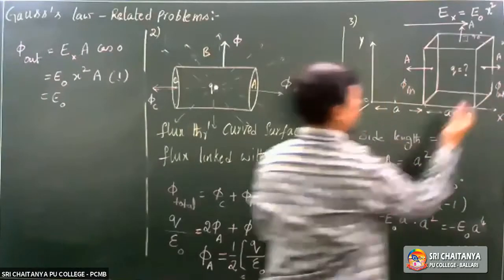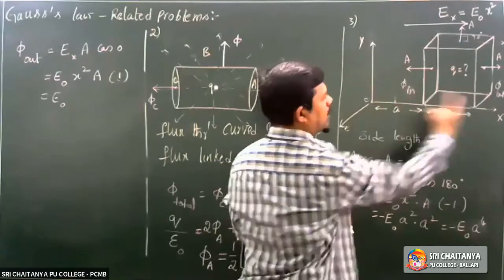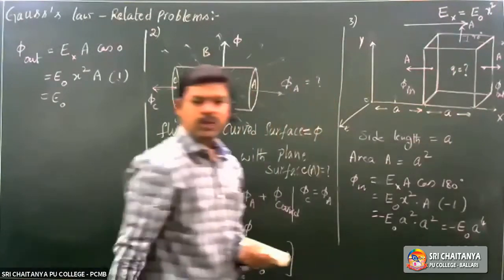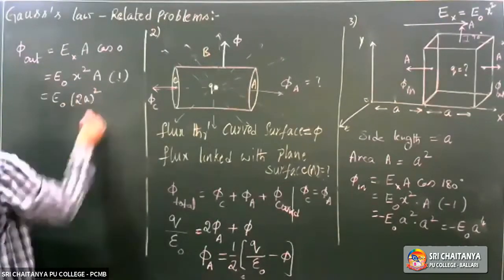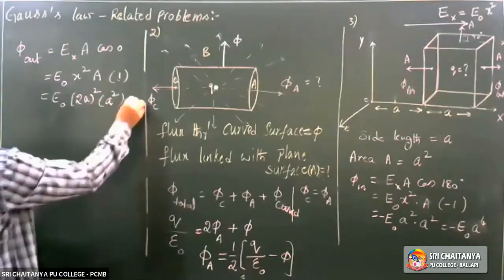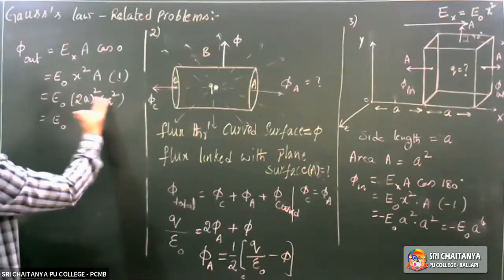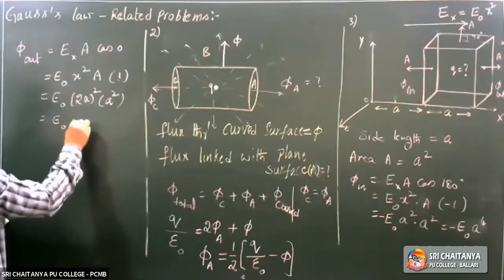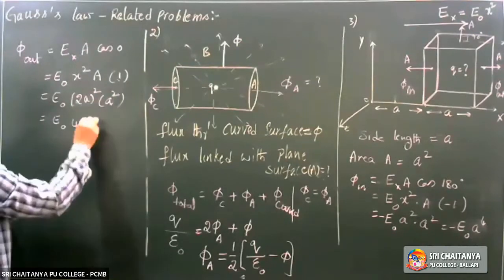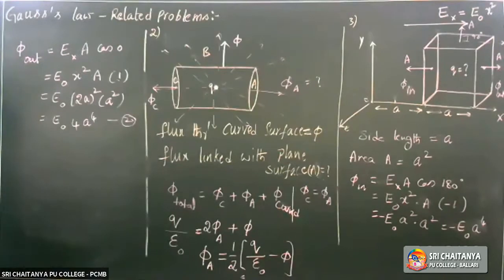This face is at a distance from the origin of a plus a, from here to here, a plus a, 2a. 2a whole square. Area is a square into 1. So what is final? E naught 4 a power 4. Right? In that way.